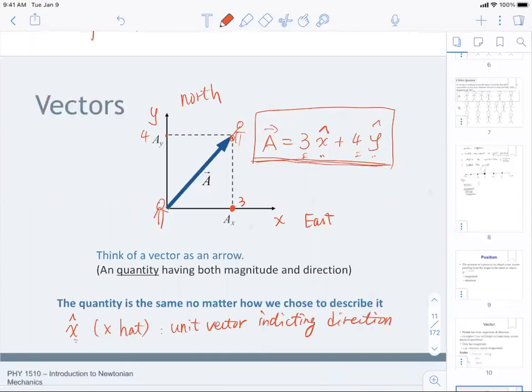So this simply means the X in the X direction, pointing to the right. Y hat is the Y direction. Did I answer your question? Yes. It is positive. If you want to do a negative direction, you will have to say negative X hat, then that points to the left.